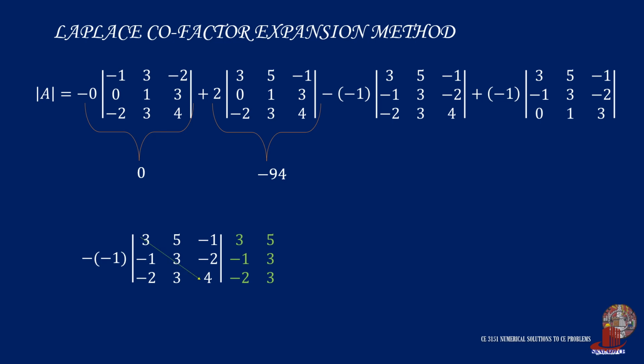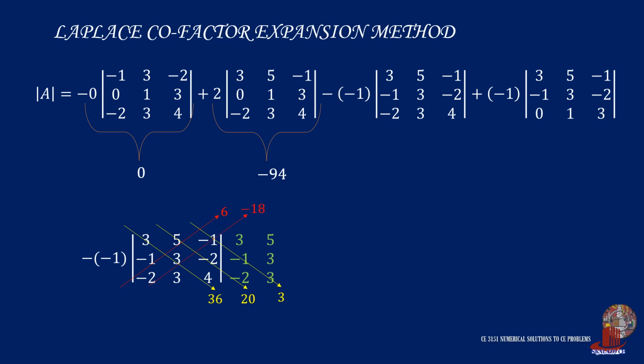The first main diagonal has 3, 3, and 4, with a product of 36. The second diagonal has 5 times negative 2 times negative 2, and that is 20. The last main diagonal is negative 1 by 3, giving 3. The anti-diagonals have negative 2 times 3 times negative 1, which is 6.